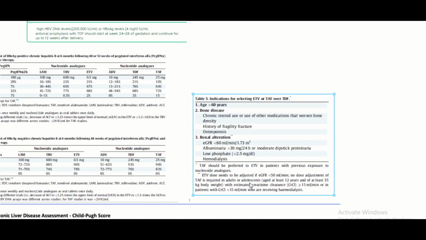Another thing to check is the indication to select ETV or TAF over TDF. So, if the patient is over 60 years old, and if he has bone disease or renal alterations, usually TAF is selected.